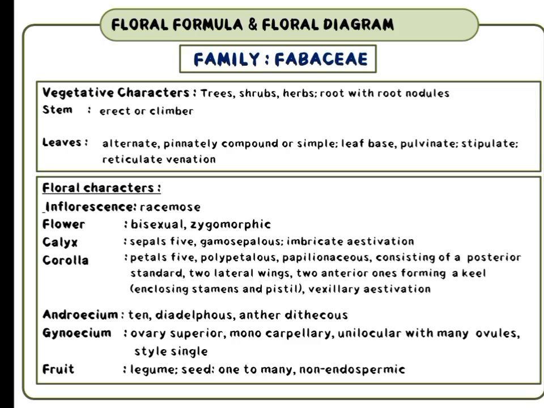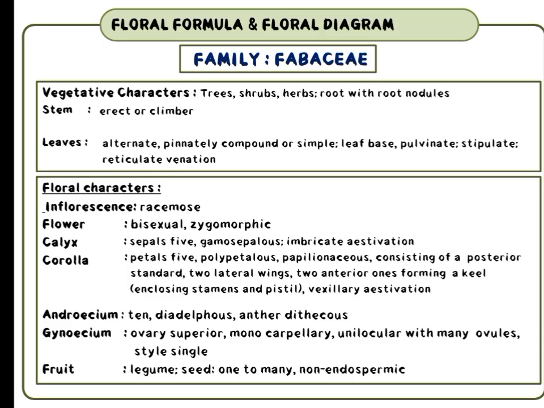Come to the description part of Fabaceae. First, the vegetative characters. The habit may be trees, shrubs or herbs, so all types of plants can be seen under the Fabaceae family.